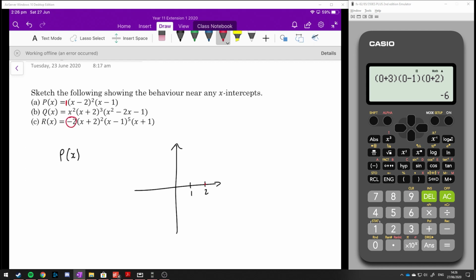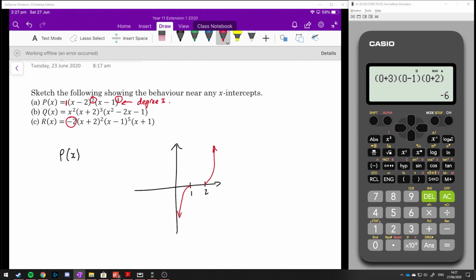Because this one has a negative out the front, it's going to do the opposite of what we said. Now, the degree of this polynomial is 2 plus 1, so it's 3. So this is degree 3. If it's degree 3, that means it's going to go up this way, but it's going to come down this way at some point, and it's going to do it in one way.